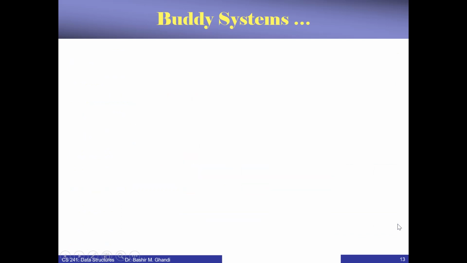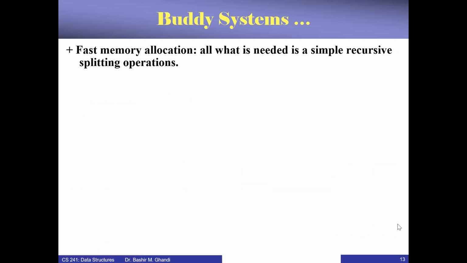As I will summarize here, among its advantages is fast allocation of memory. All that is needed is a simple recursive splitting operation, because once we know the address of a buddy, we can easily compute the address of the other buddy, and so on.